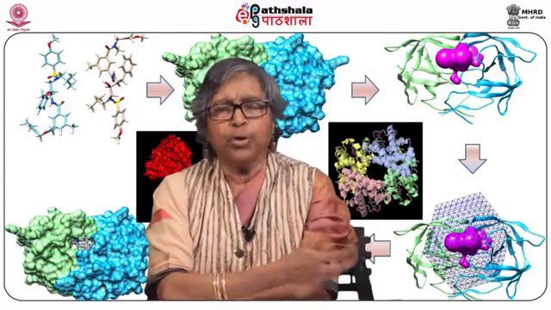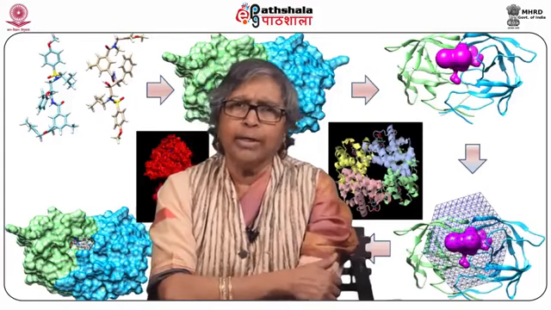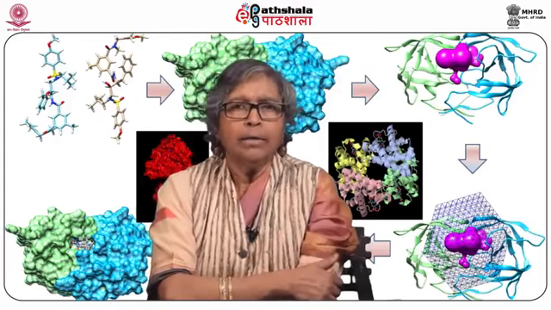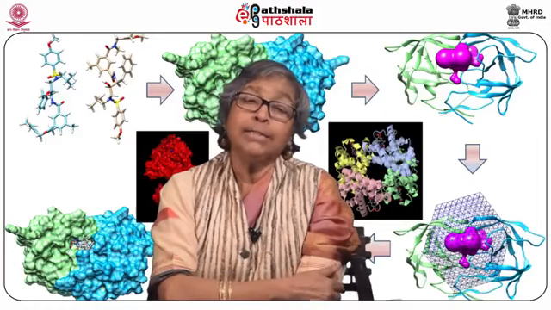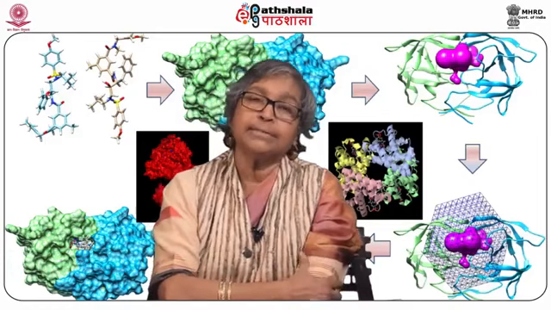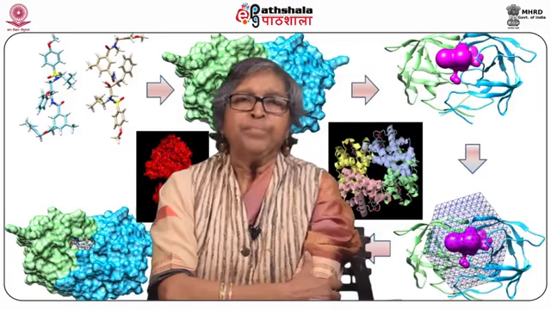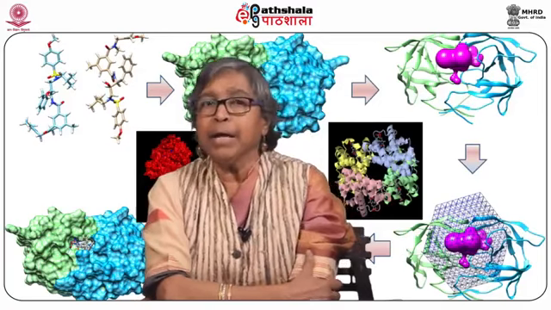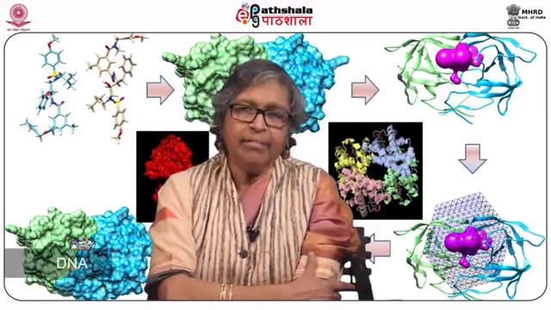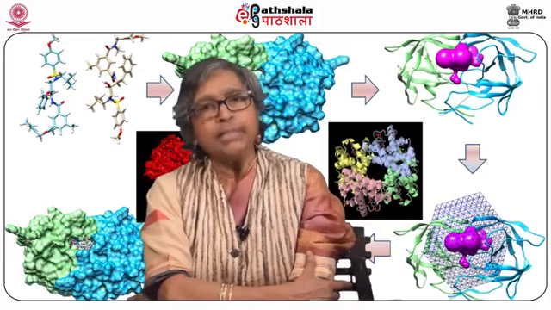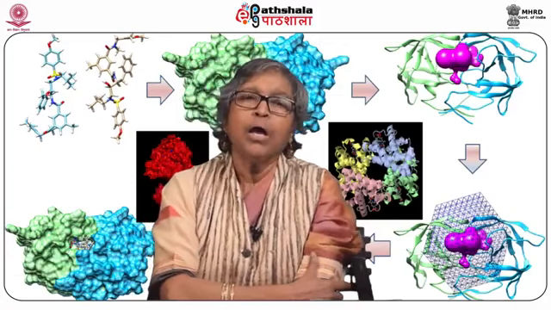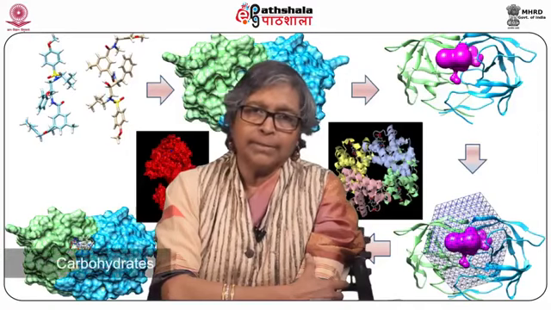Our targets for doing such docking experiments are quite different. One is enzymes. Major case studies have been done with enzymes. Then it can be enzymes with protein and DNA, and it could be even just DNA molecules. Also carbohydrates.